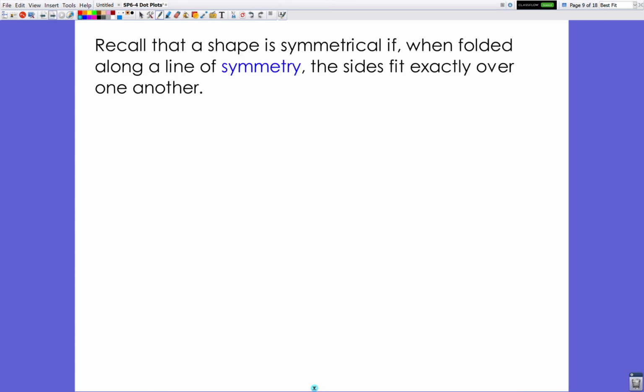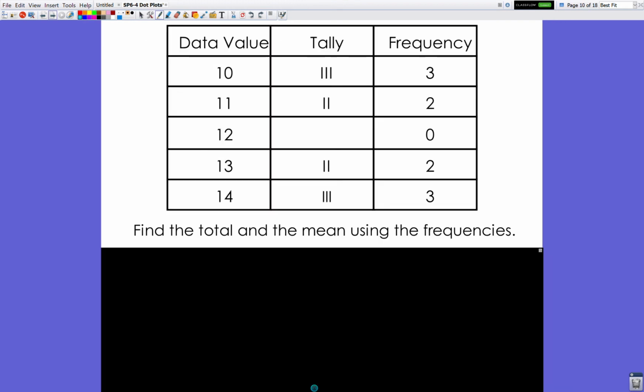Recall that a shape is symmetrical if you're able to fold it along a line of symmetry and the sides fit exactly over one another. Here we have a data table or tally chart of a symmetrical data set. I know this because the outermost values, so the lowest and the highest, have an equal frequency.